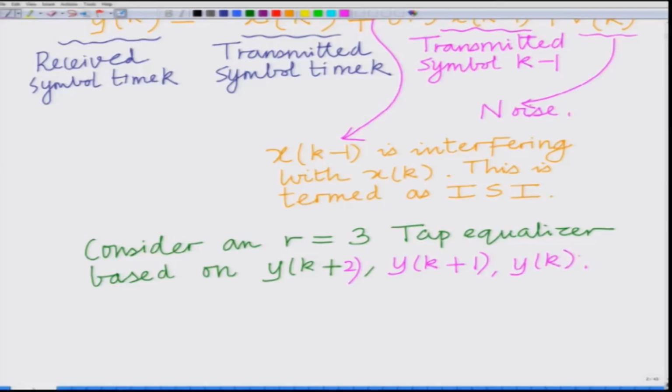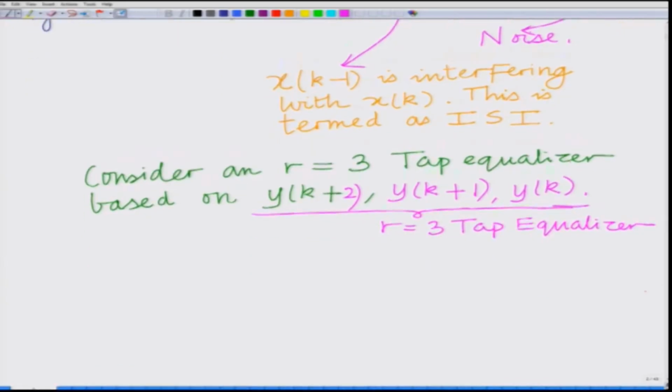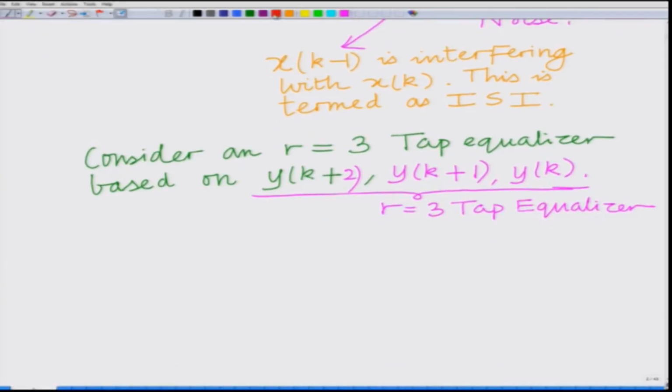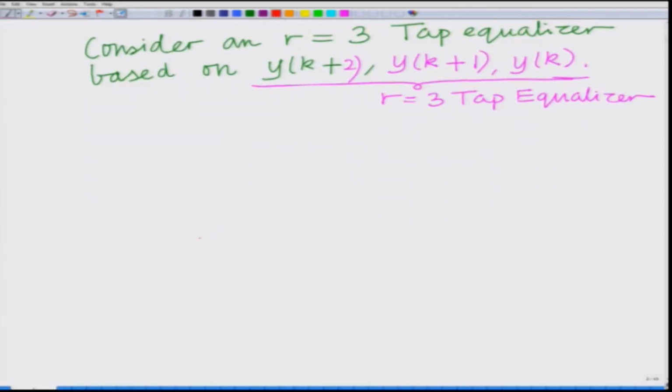So we have 3 samples, and using these we want to design an R equal to 3 tap equalizer. Now let us write the equations for these symbols Yk plus 2, Yk plus 1 and Yk.